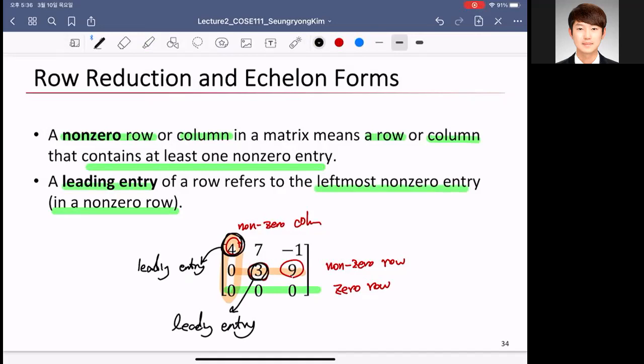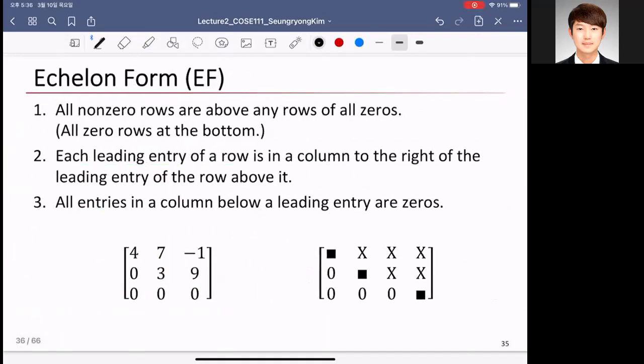Okay. So by using this concept, let me introduce echelon form, or just called EF. Echelon form should satisfy these following three statements, 1 to 3, right?